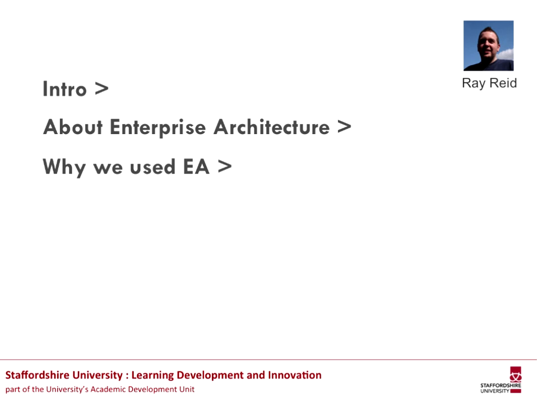Okay, so why did we, Staffordshire University, use EA within our external examiners project? Our quality improvement department came to us with an idea which could use our skills. So we sat down with them and other stakeholders. In our case, our stakeholders were staff from faculties within the university.